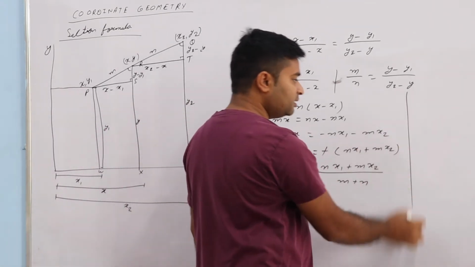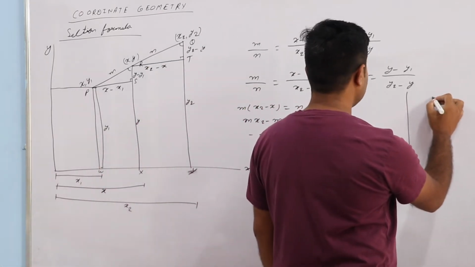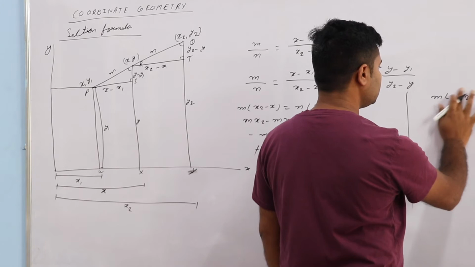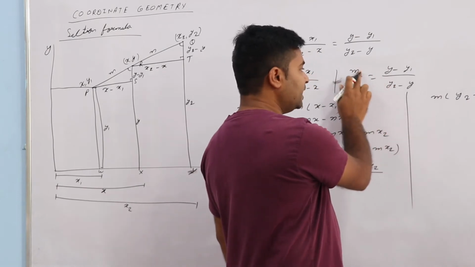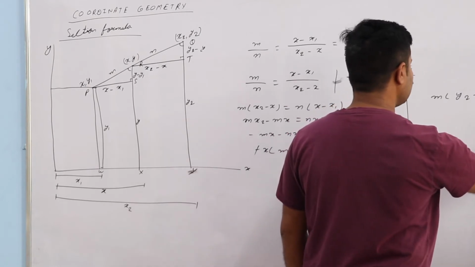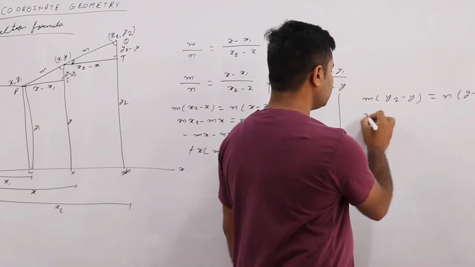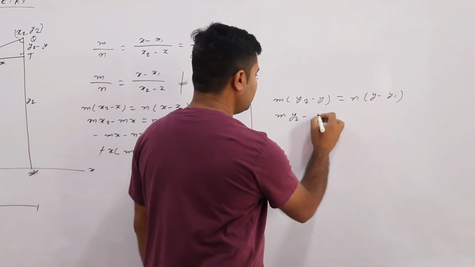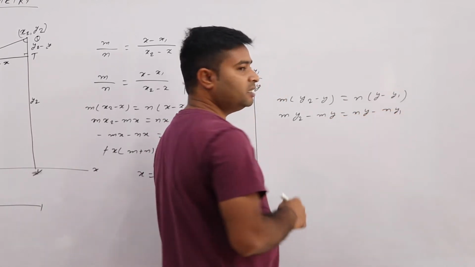Same like that, if I simplify this side also, I write only m y2 minus y is equal to n y minus y1. Cross multiply: m(y2 minus y) is equal to n(y minus y1), so my2 minus my is equal to ny minus ny1.